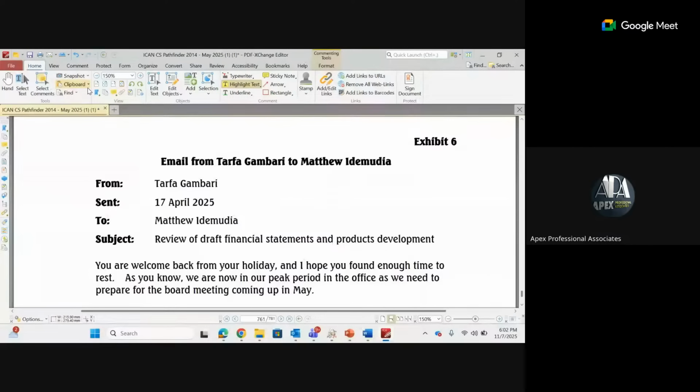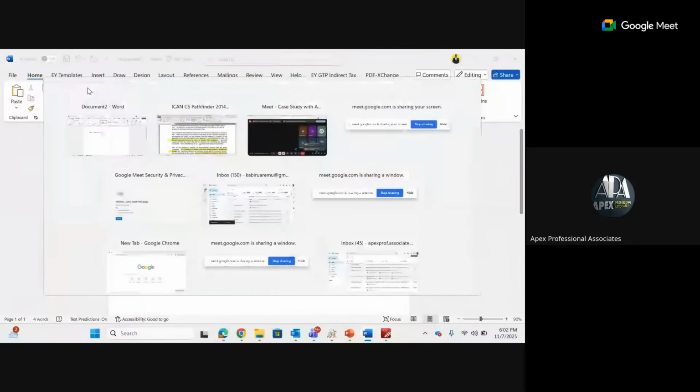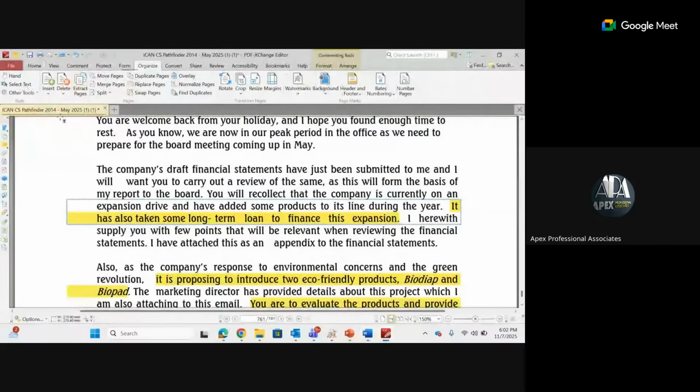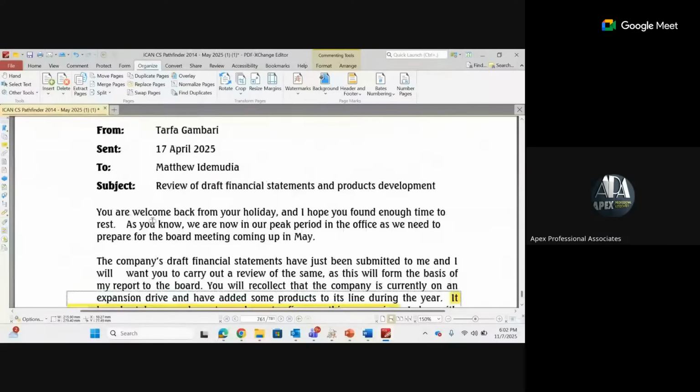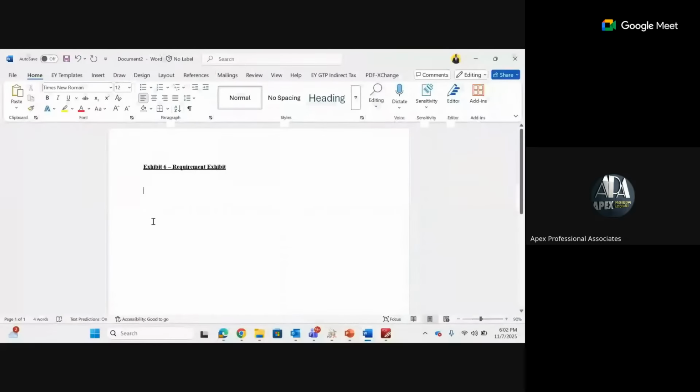As we have adopted, we are taking the exhibits one after another, right? So, and this is very, very important. Exhibit 6. What is exhibit 6 telling us? Exhibit 6 is the exhibit for the requirements.